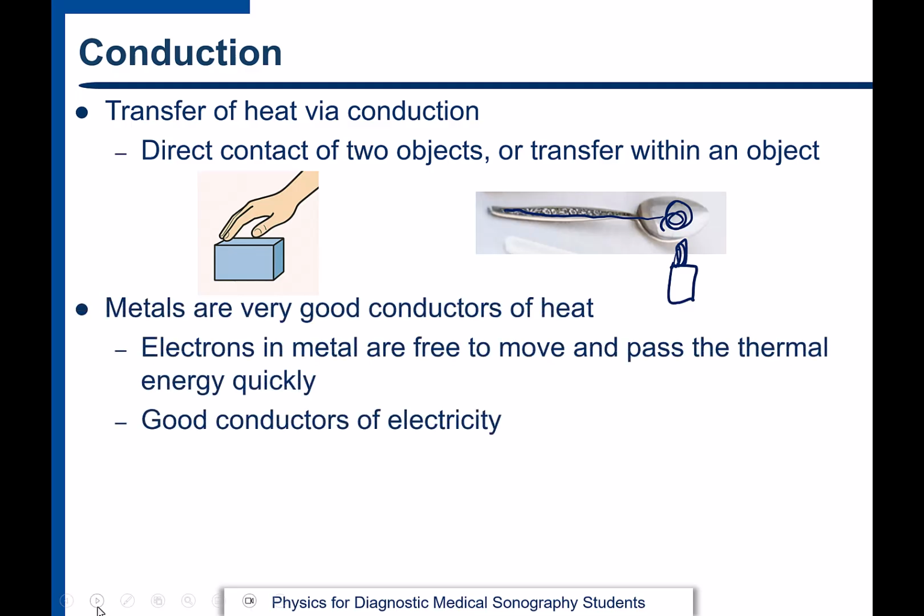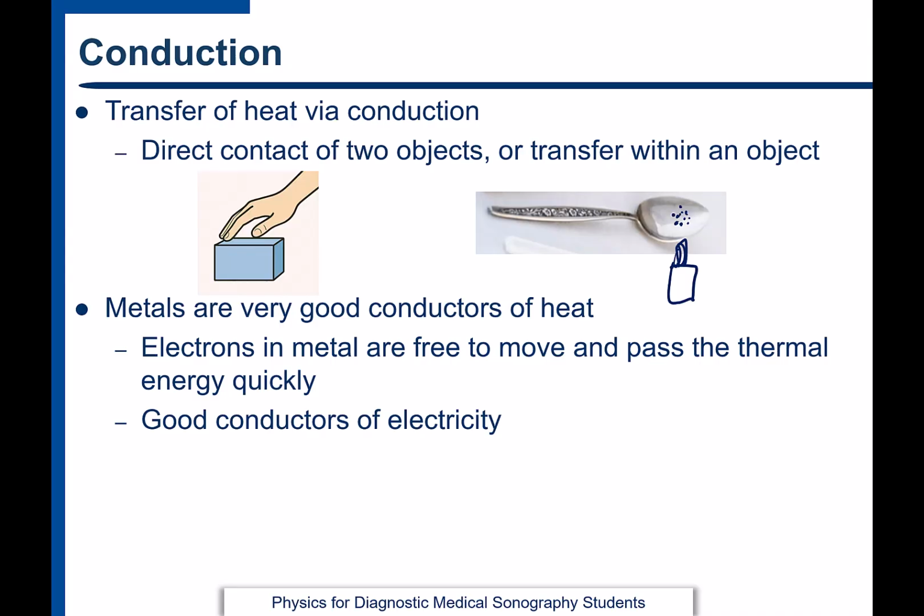So metals are very good conductors of heat. The reason that a metal is a good conductor of heat has to do with the fact that the electrons in metals, the outer electrons of the atoms that make up a metal, are pretty much free to move around. They're not tightly bound to any particular atom within the metal. And so as I heat one end of the spoon, you can imagine the little electrons that are pretty free to move in there.